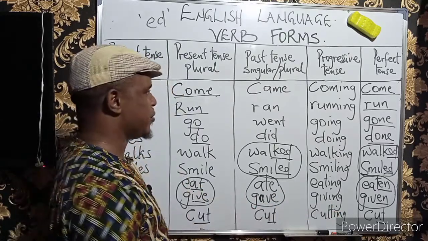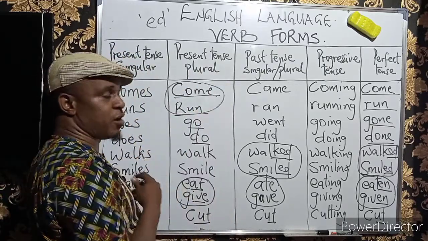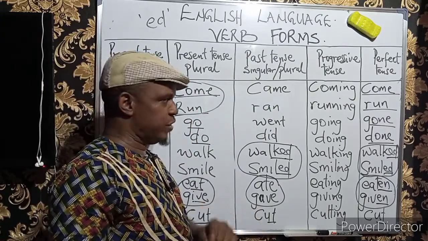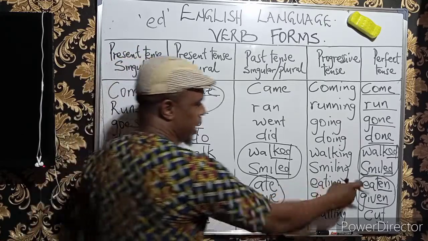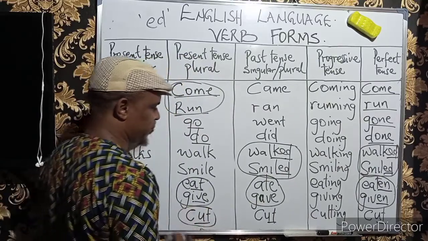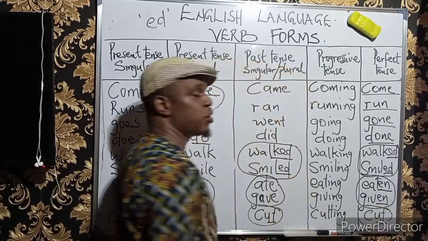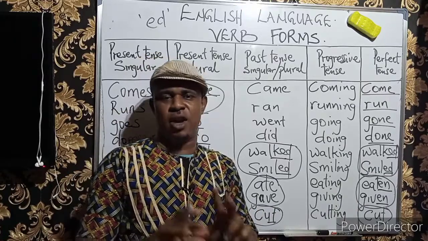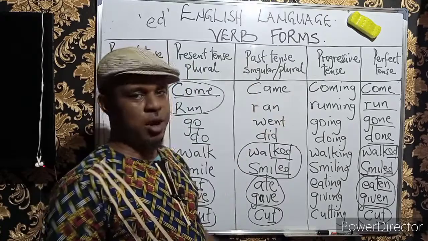Part of the irregular verbs are also these, come and run. Of course, their group in the irregular verbs is different from the group that eat and give belong to. But in the case of caught, it is caught here. It is also caught here. They are actually part of the irregular verbs, but they remain the same. We can classify or categorize them as constant verbs in the irregular verbs.